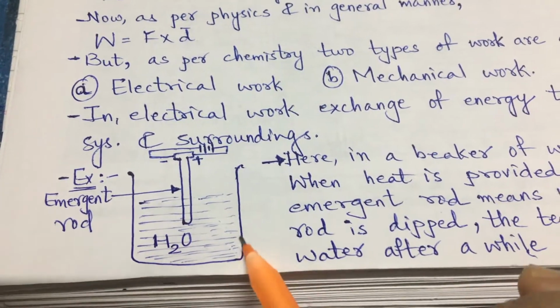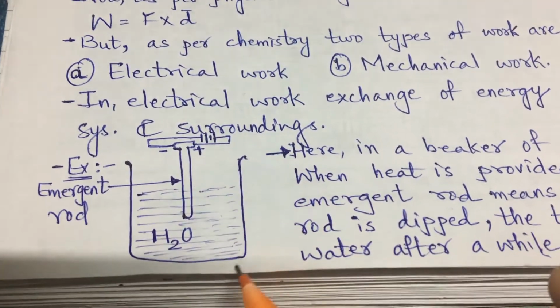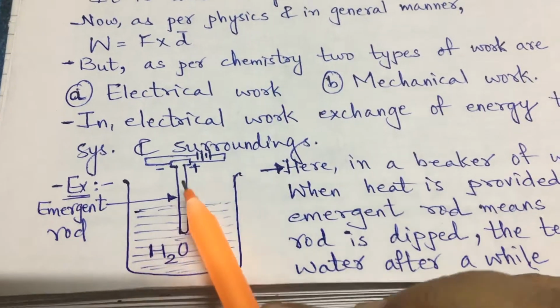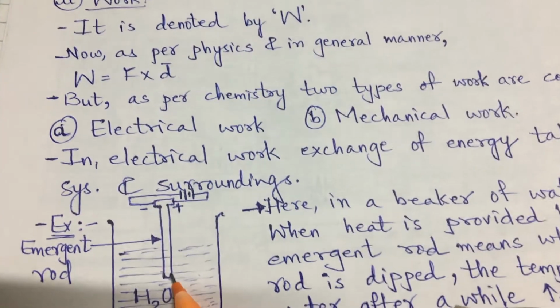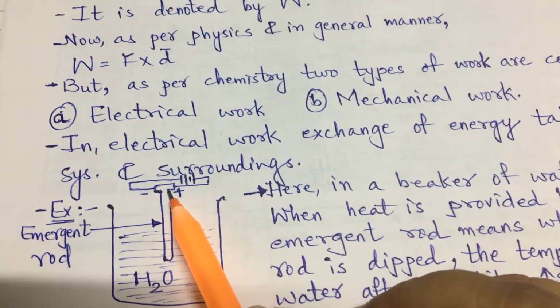Here a chamber is taken, or we can say a big beaker of water is taken, and in it an immersion rod is dipped. An immersion rod means a rod which is fixed with an electrical circuit.